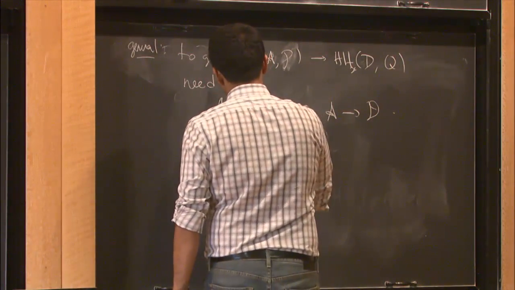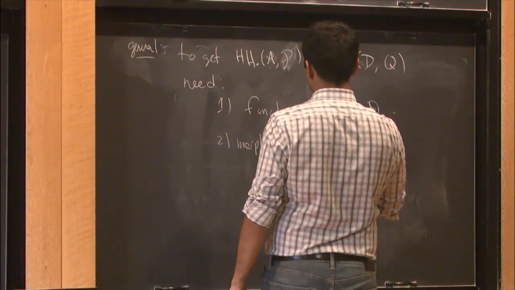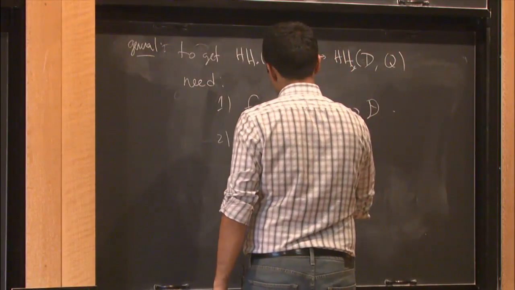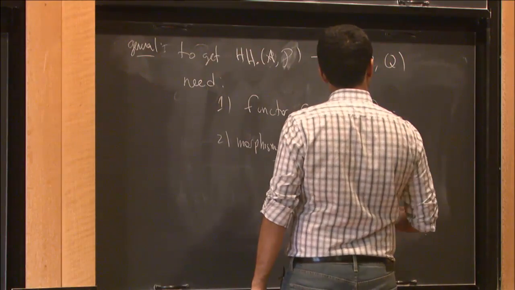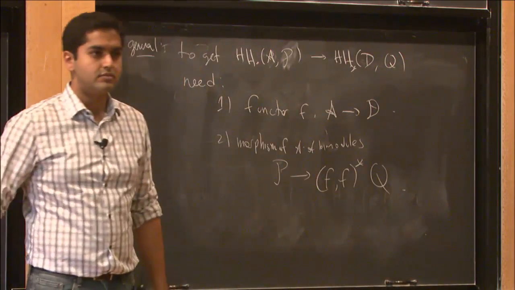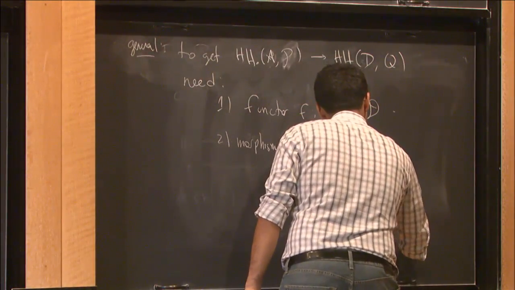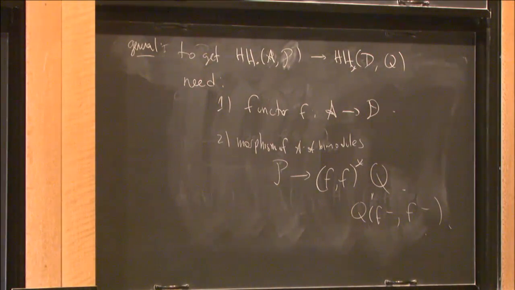But you also need a morphism of AA bimodules between P and the pulled back bimodule F upper star of Q. So we have to produce that second piece of data.